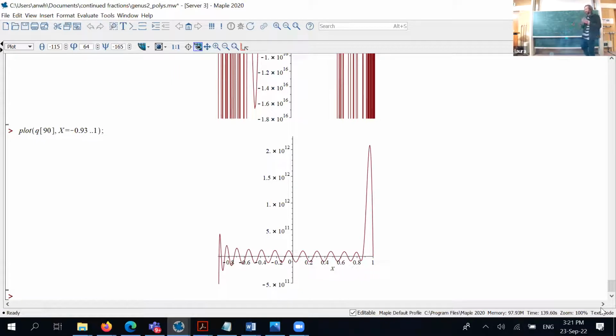So in genus 2, I've written down explicitly the nonlinear relation for the Hankel determinants. It's a bilinear equation of order 8. But in general, as I said, the order of this relation grows like 2 to the g, so it gets rather complicated.